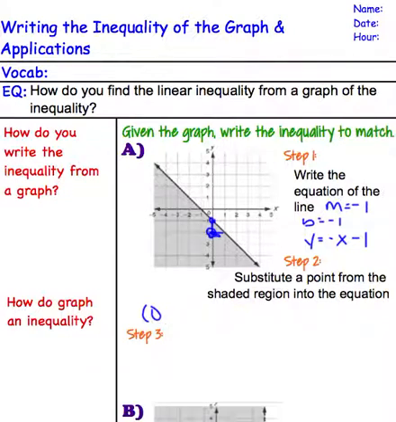One more time here. Let's actually choose a different point. Let's choose -2, 0 on the x-axis.